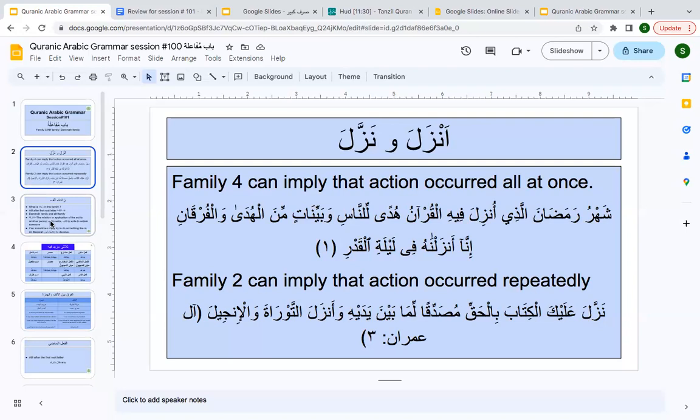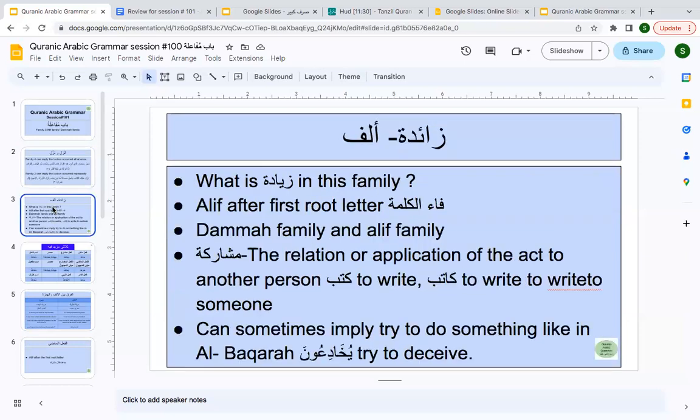Because first of all, you just need to familiarize yourself with how the word looks, and then what can be the implication of using one over the other. But that is for a later time. I just gave you a brief introduction, but inshallah more to come, and we will focus on that after we have mastered all our families. The first point is to know how the families look.